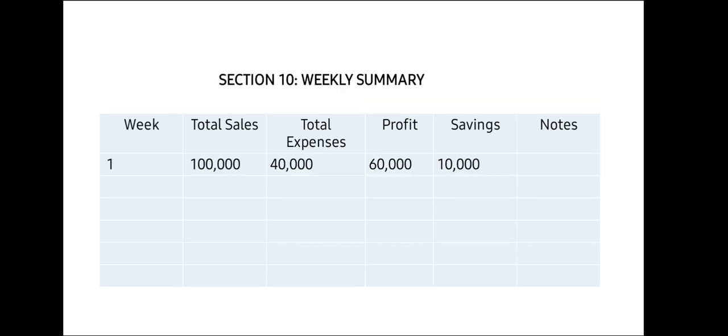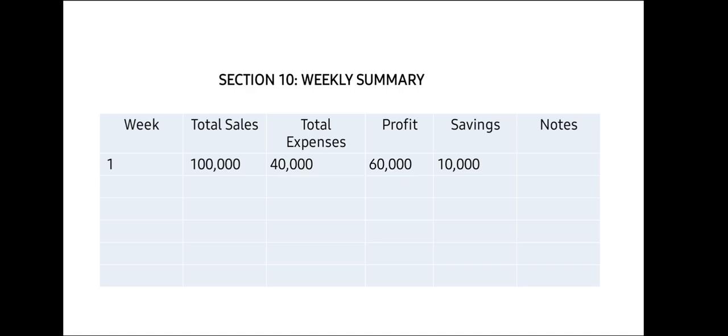Let's dive into section 10, weekly summary. This will help you review your business every week. For example, total sales for week 1 can be 100,000. Total expenses, 40,000. Profit made, 60,000 naira. And your savings, 10,000 naira.